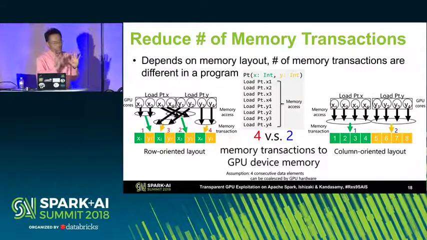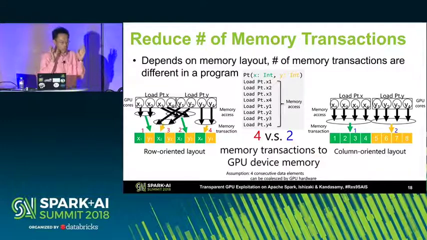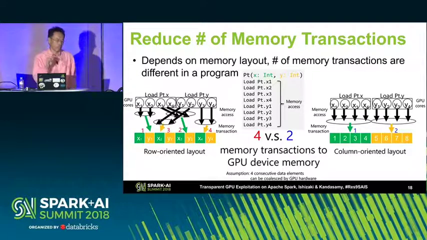On the right-hand side, you can see the column-oriented layout. In the GPU, if we use column-oriented storage, the GPU can reduce the number of memory transactions. This is because, in general, a GPU has hardware to coalesce contiguous memory accesses into one memory transaction.